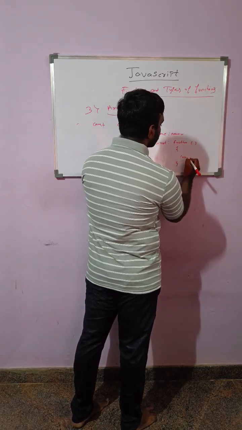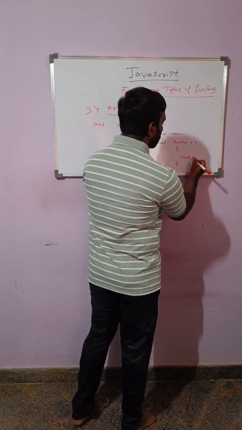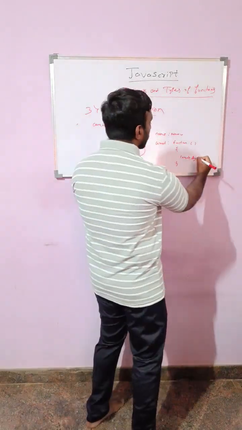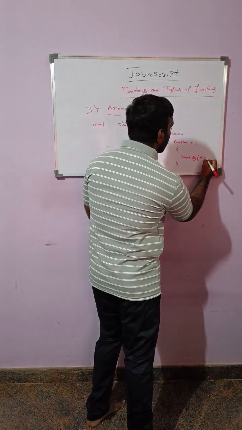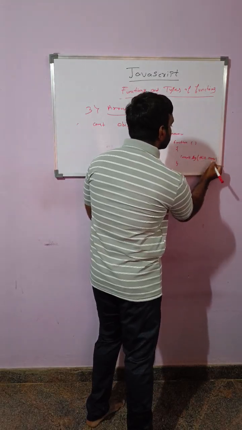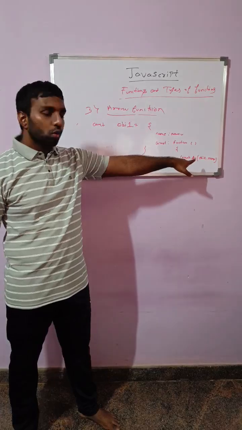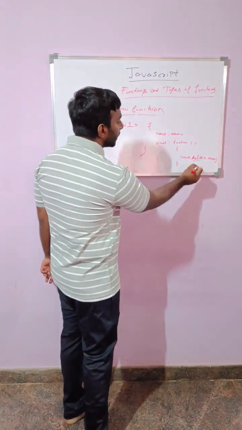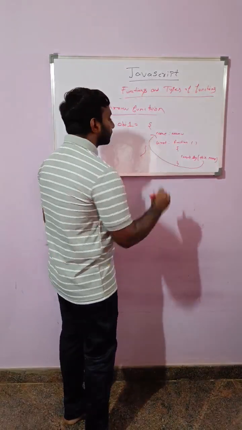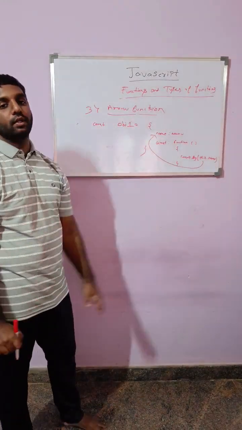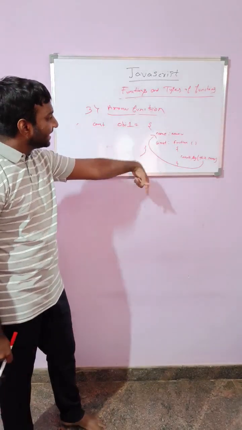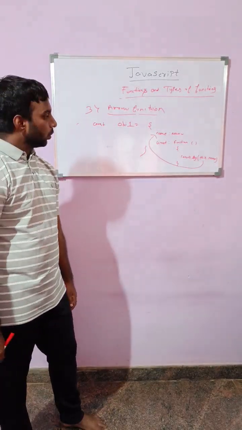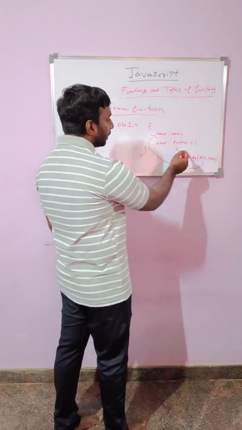I'm going to console.log. Just observe here, I'm going to console log this.name. What does this refer to? This refers to this object. So this is a regular function I'm writing.